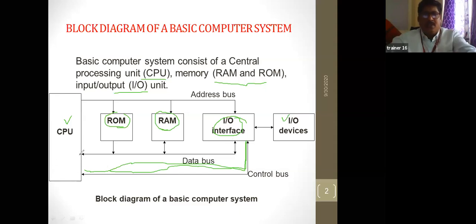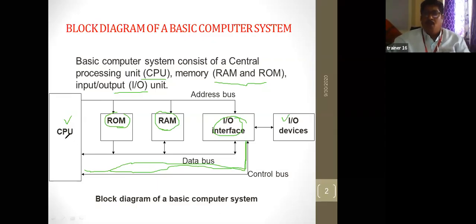It sends to the CPU, right? And this control bus controls which one opens, maybe Google Chrome or a Word document. Sometimes you open a Word document, PDF, or 2 or 3 Word documents immediately, so it will take some time. That is controlling. You can call it a control bus.